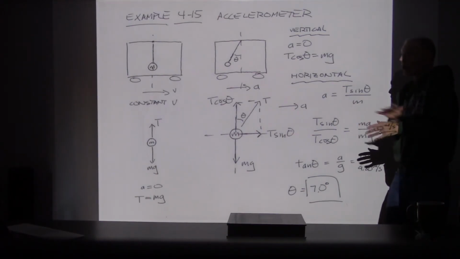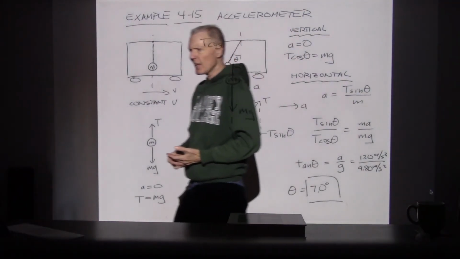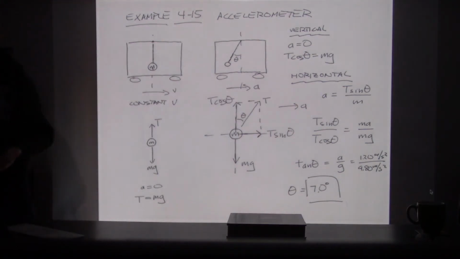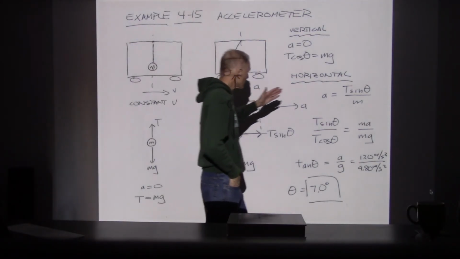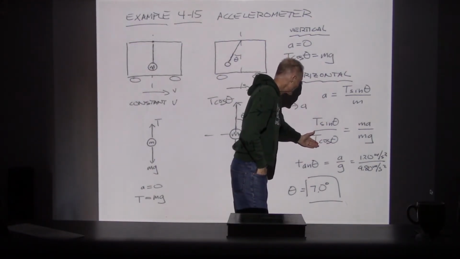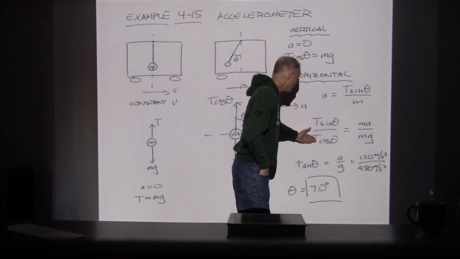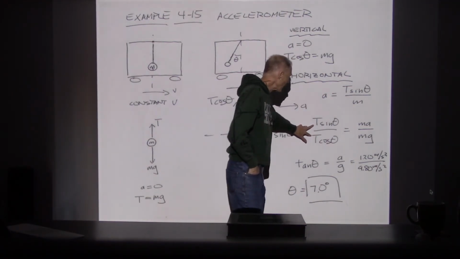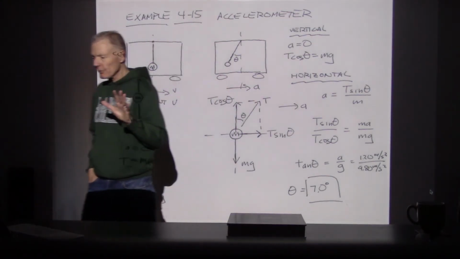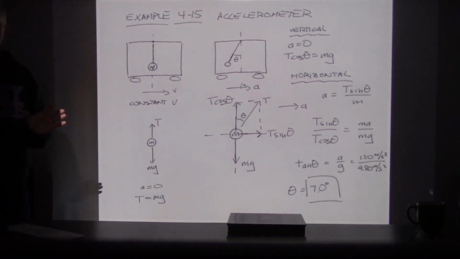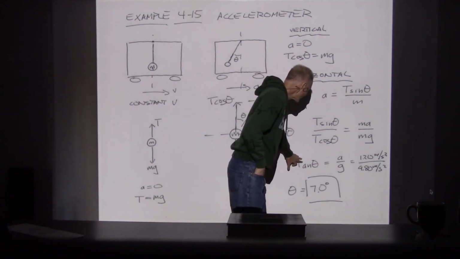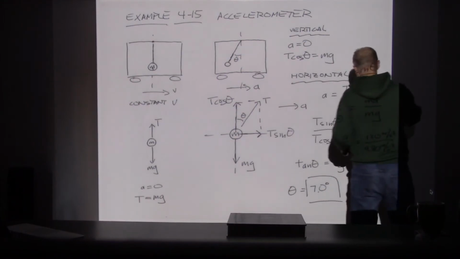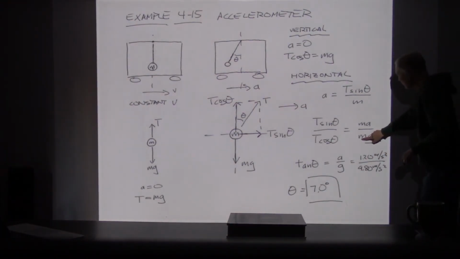And one of the tricks we use all the time in physics and in statics, kind of engineering problems, whenever we have two components, we can take the sine theta component and the cosine theta component and divide them, and that will cancel out the force out front. It'll cancel out the magnitude of those vectors. With T gone, that becomes tan theta is equal to, now on the other side, we have an ma and an mg.